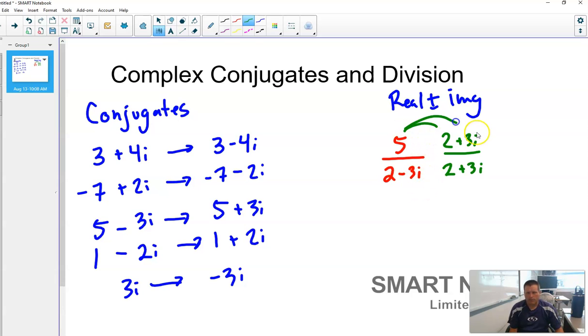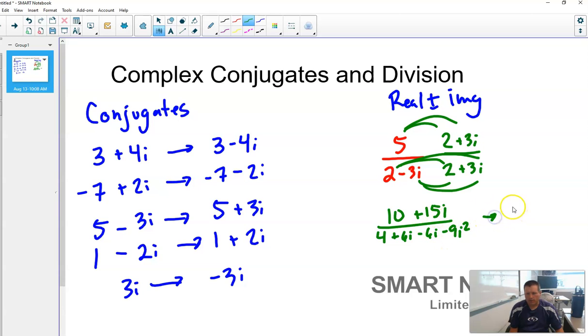So I'm going to distribute the 5 through, and my numerator is going to be 10, again, plus 15i. My denominator, though, when I go to distribute this through, let me just show you what happens. So I go 2 times 2, which is 4. 2 times 3i, which gives me 6i. Then negative 3i times 2, which gives me negative 6i. And then negative 3i times 3i, which gives me negative 9i squared.